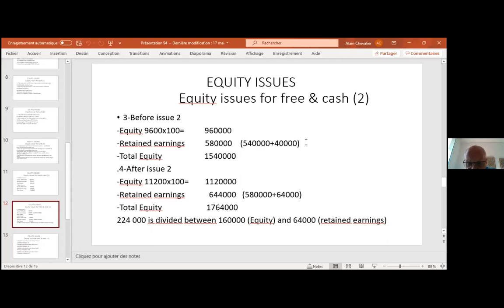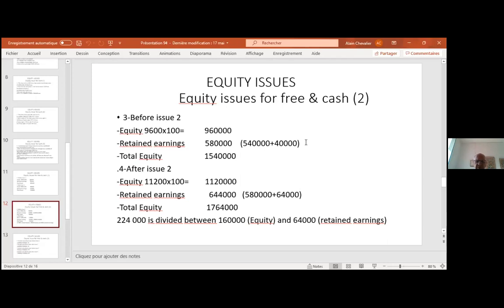And this product, 1,600 shares multiplied by 40 euros per share, is equal to 64,000, what you find here on the second line, of part 4.